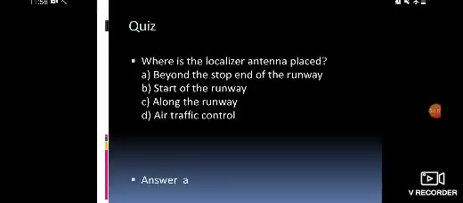Why? Because the pilot should be notified whether they are at the correct height from the runway, or moving to the right or left side of the runway. That can be notified by the localizer only. For that reason we place it beyond the stop end of the runway. That is the answer.